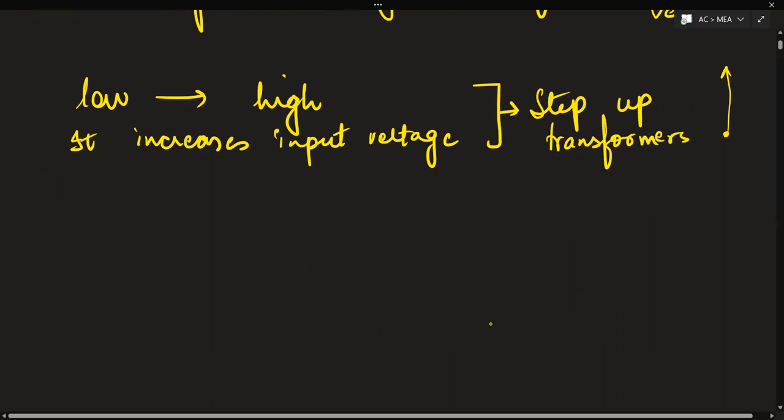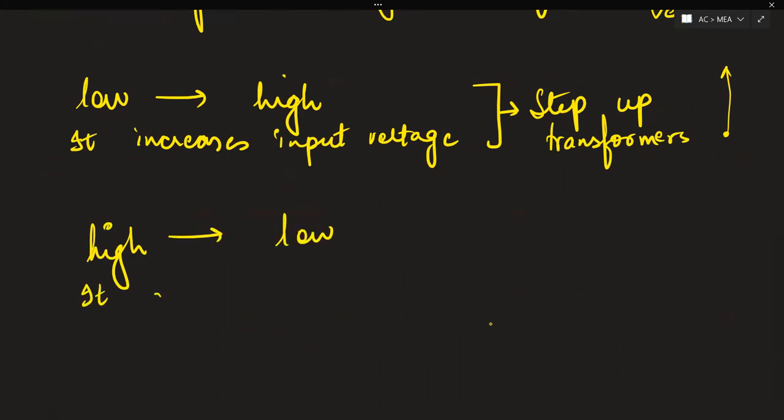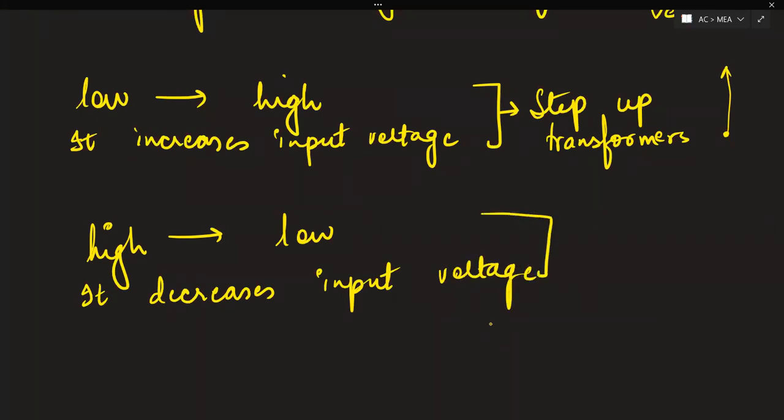Now, contrary to this, if high to low voltages are changed, or it decreases input voltage, we call such type of transformers step down.